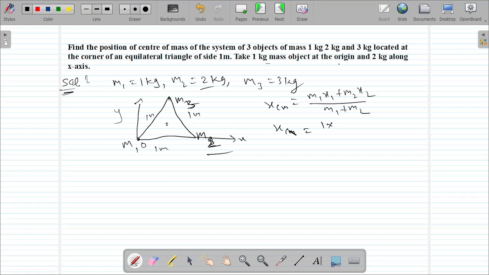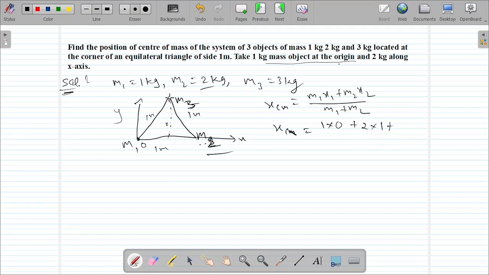They told us the 1 kg mass object is at the origin, so there is no distance, that is 0. Plus m2. m2 is how much? 2 kg into x2. x2 is how much? From here to here, that is 1 meter.